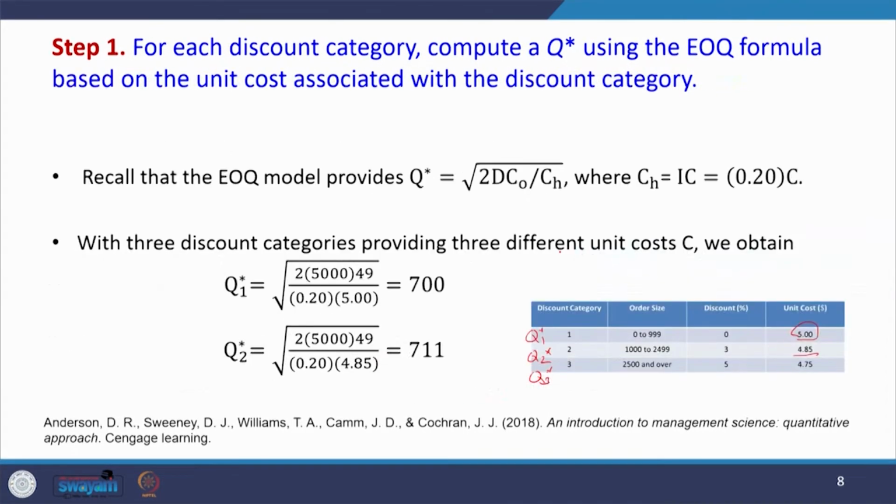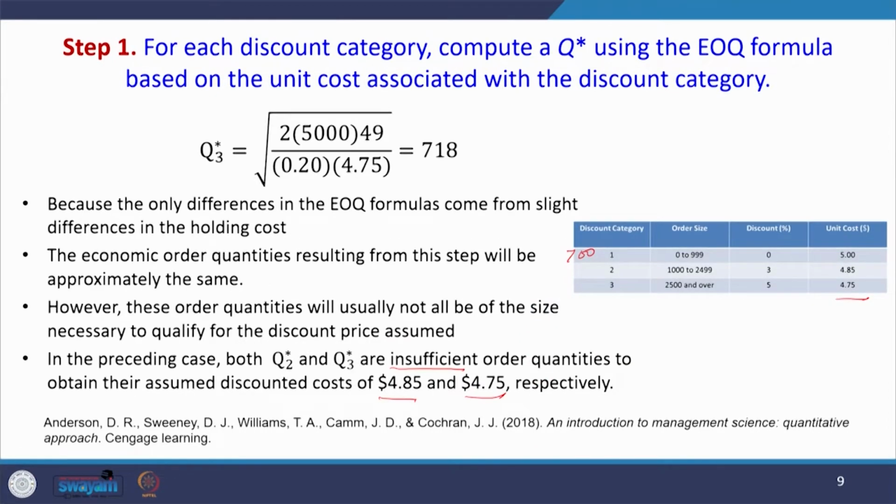When you see the Q2 is 711, if you order in interval 2, we need to have minimum 1000 units. So, the Q2 star is not qualifying. So, if it is not qualifying, which is the higher side? Higher side is 1000 units. So, we have to order 1000 units.